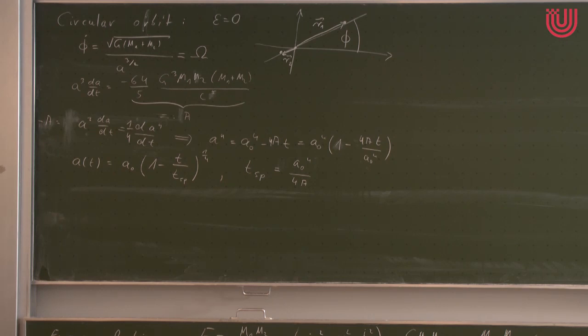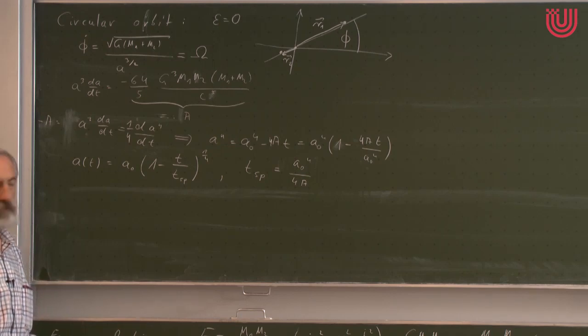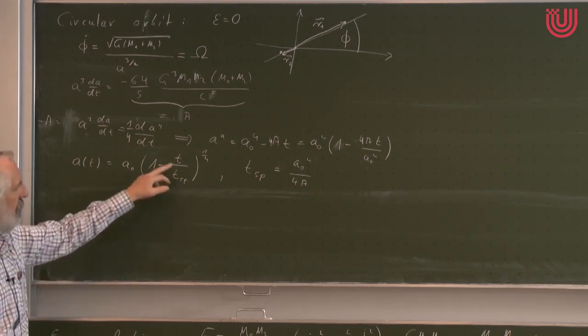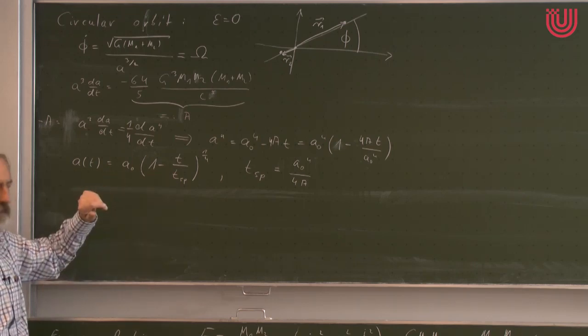Of course, if the a has become very small, then this approximation breaks down. There comes a point where we have to stop our calculation because our approximation is no longer justified. But nonetheless, this t_SP gives a good idea about the lifetime of the system, just about the order of magnitude.